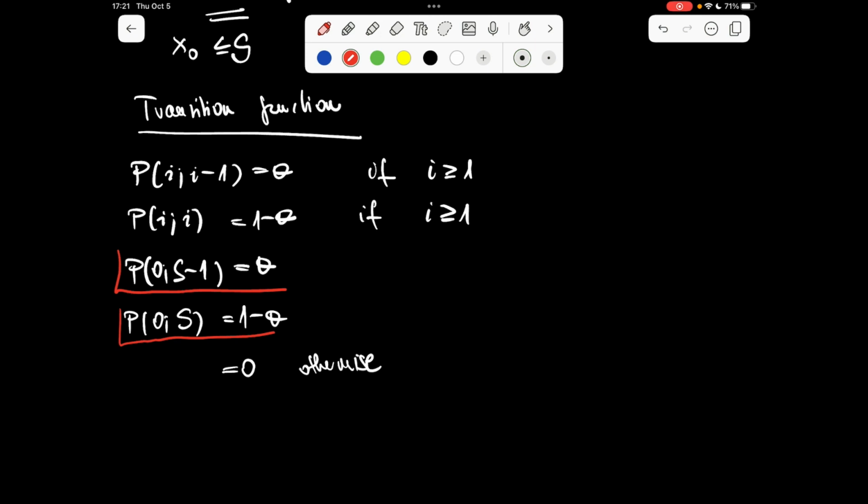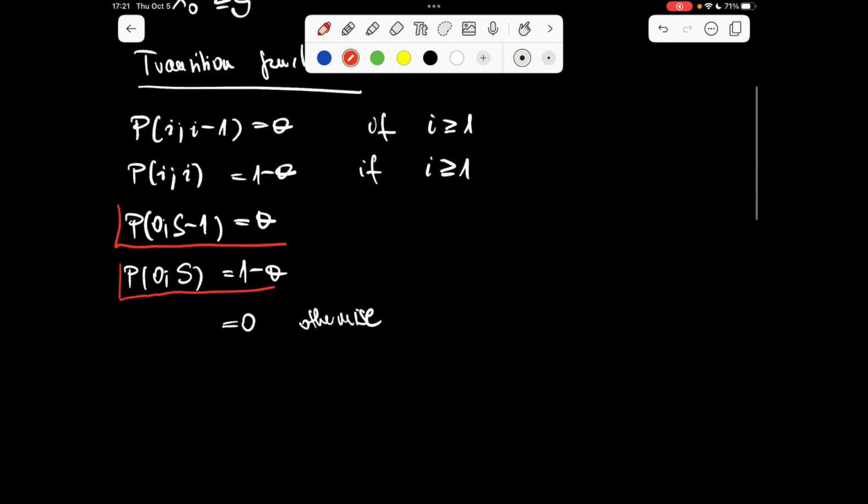So if there is demand in the period at the beginning of which we had 0 inventory, then the stock is going to be S minus 1. If there is no demand, then from 0 we go to S by the end of the period.